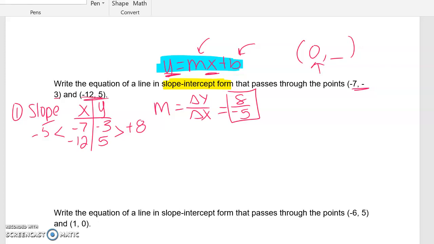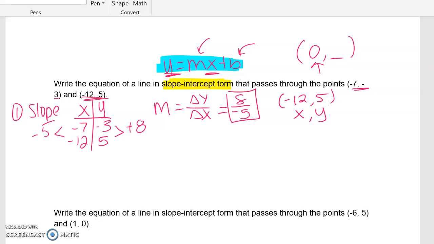What I mean by that is, say I take the point -12, 5. I have an x and I have a y. I can take those 2 values and plug them into y equals mx plus b.